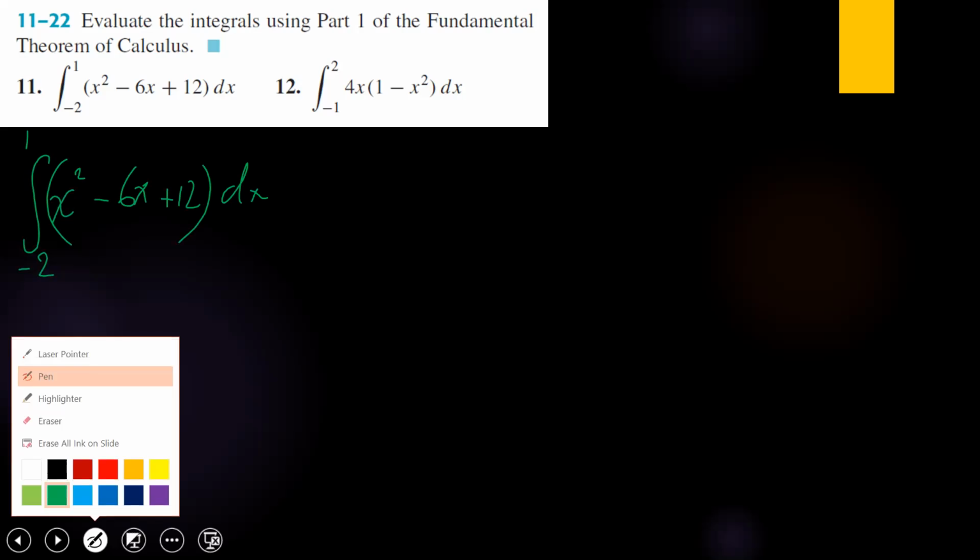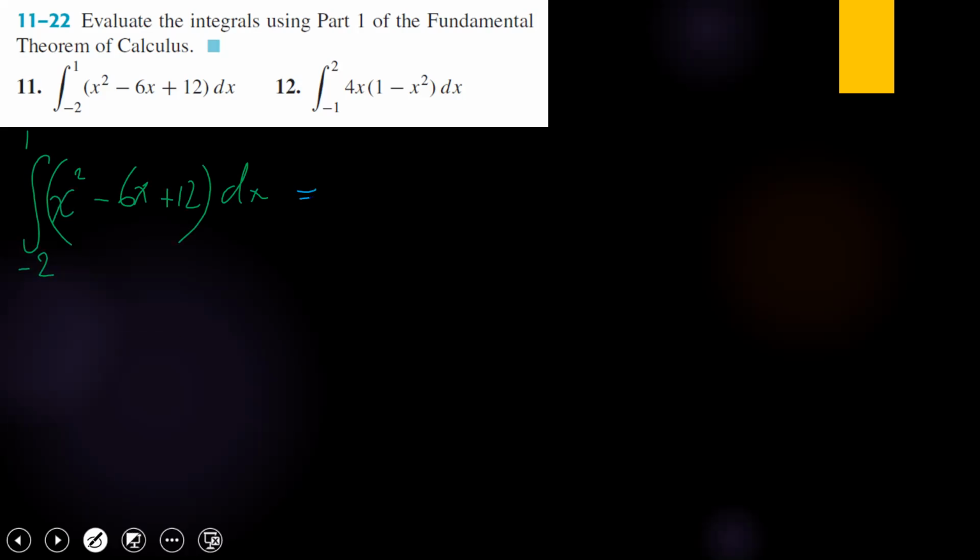So let's first integrate. What is the integration of x squared? It is x to the power 3 over 3, minus 6x to the power 1 plus 1, which is 2 over 2, plus 12x. Then I will change the integral sign to be an indefinite integral.